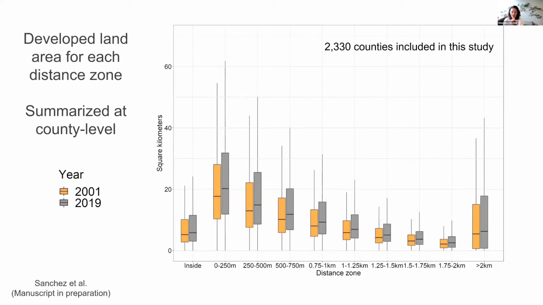Now, when we look at total developed land area for each distance zone and at the county level, we found a nationwide trend of concentrated development in zones immediately adjacent to the floodplain. And as you can see in this graph, we examined that distribution of development for 2 time periods, 2001 and 2019.